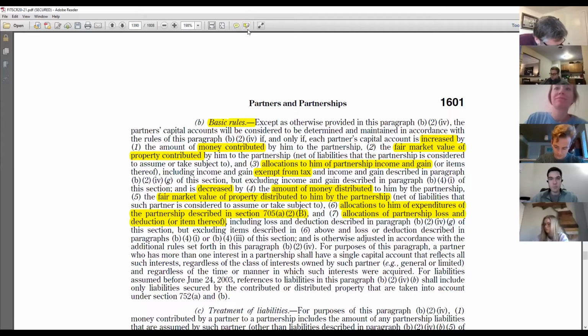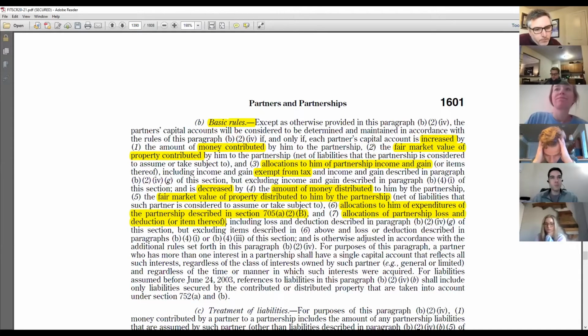Your capital account goes down by that. It's going down with those deductions and losses. It's representing your economic interest in the partnership. It goes up by the value of the stuff you contribute. It goes up by the allocations of income and gain that are allocated to you. It goes down by distributions of stuff to you, and goes down by allocations of losses and deductions to you. So those are your capital accounts. And there are some other more complicated rules that we'll talk about, but those are the basics.